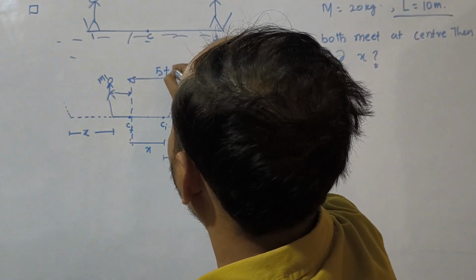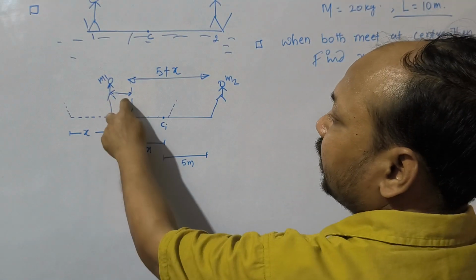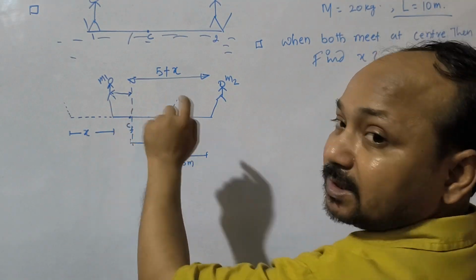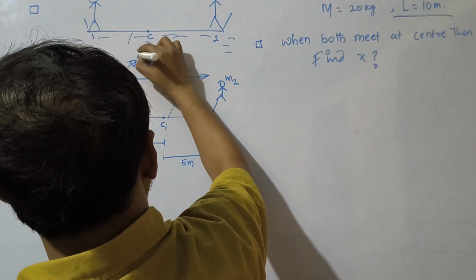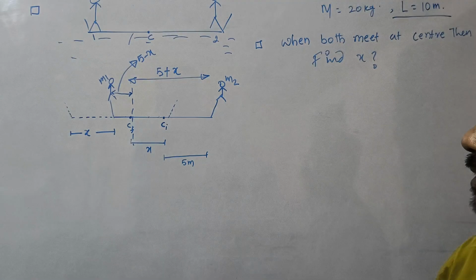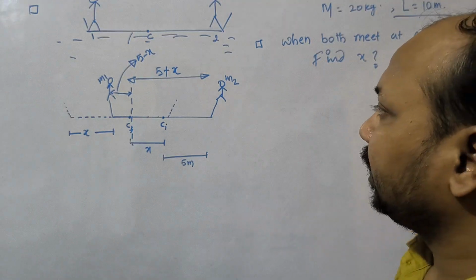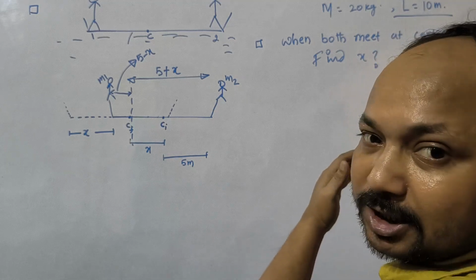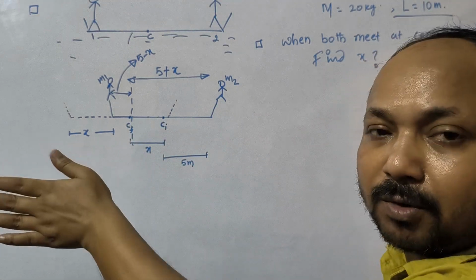So M2 has to travel 5 plus x and M1 has to travel 5 minus x. This distance is 5 minus x, and the boat will travel x. I think I am clear. So what I can write: M1 is moving in the forward direction, and M2 and the boat are both moving in the backward direction.